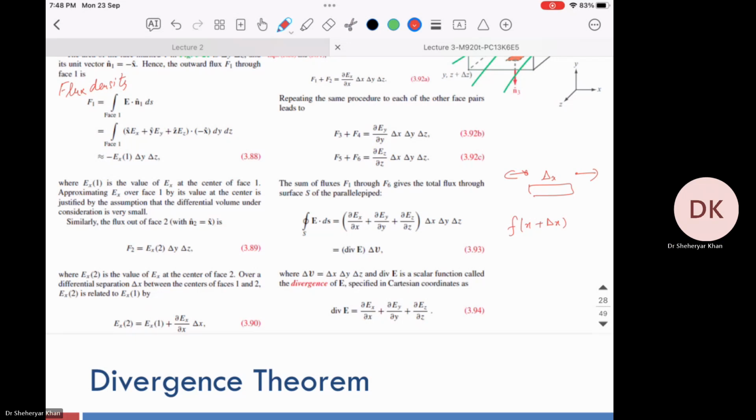You can have Taylor series on both sides and also on one side. So this is for both sides, x plus delta x and y plus delta y, right? So you can approximate any function with a small increment, and what you will get is this function.